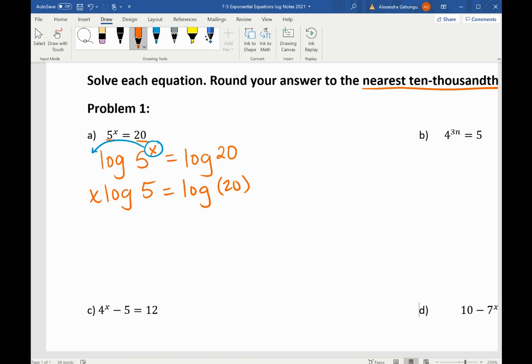I should write these parentheses, shouldn't I? There we go. And now it's x times log of 5. So to get x by itself, I'm going to divide both sides by log of 5.